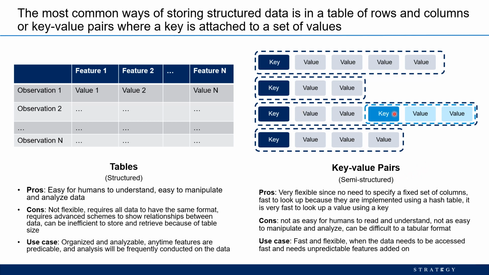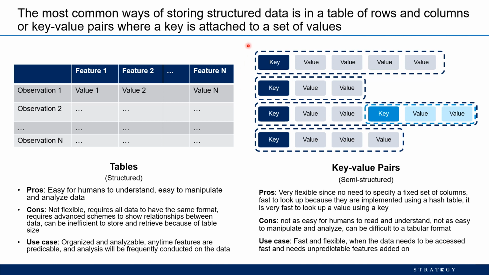Usually when you get a file back in a key value pair format, you will have to change this data structure to a table structure before you can actually do any analysis on it. So just keep that in mind.